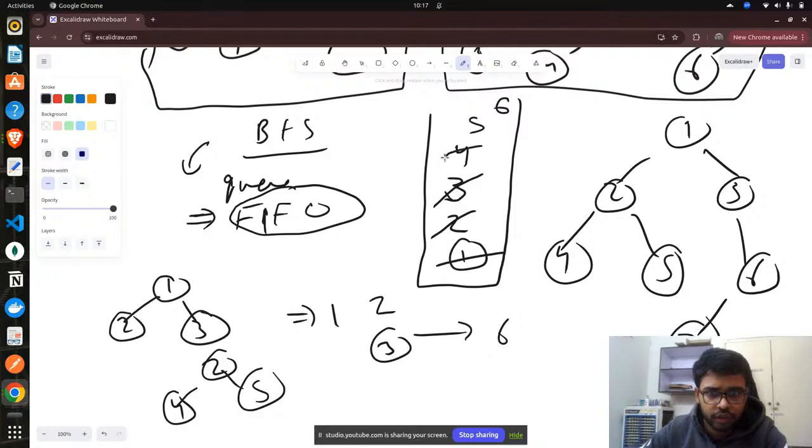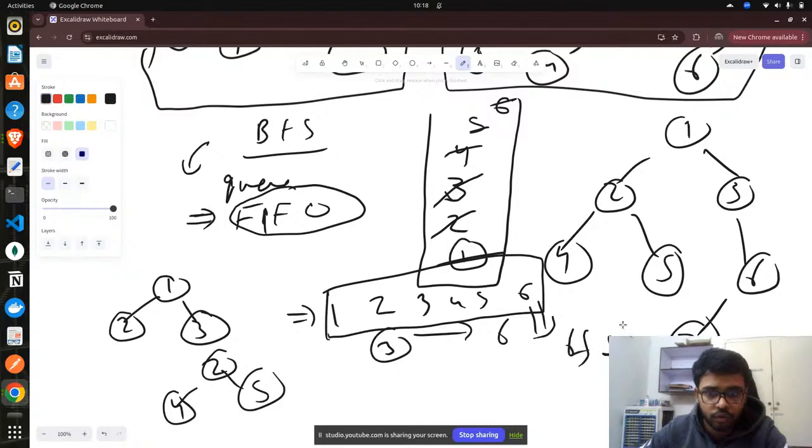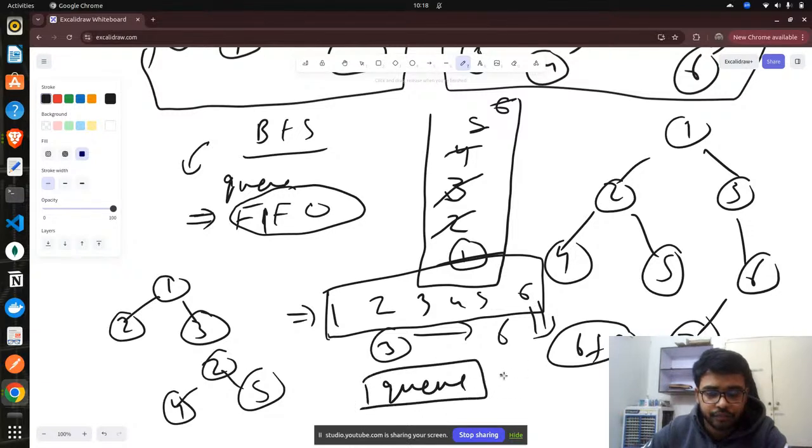Then 4, then 5, then 6. So 1 2 3 4 5 6. This way we can traverse BFS by having a queue. We can also use a priority queue, which is a type of queue.